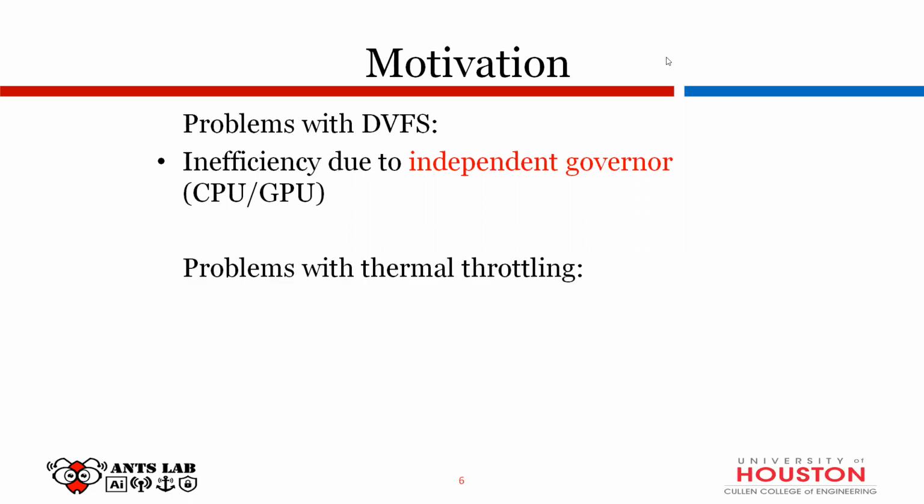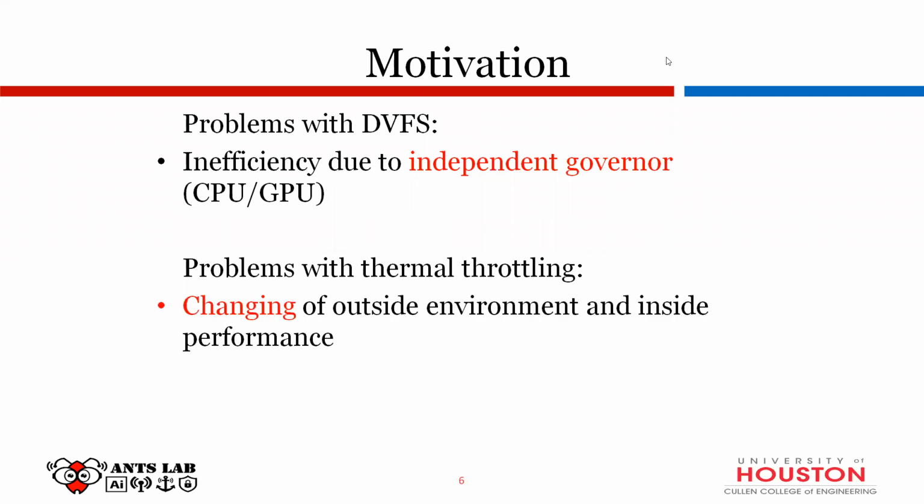And the problem with thermal throttling is, what if you have dynamic changes in the environment and the inside performance? As for the environment, if you're taking your cell phone outdoors and it's really hot out there, and then you go into a room where the AC is turned on, the dynamic environmental change could cause some problems.